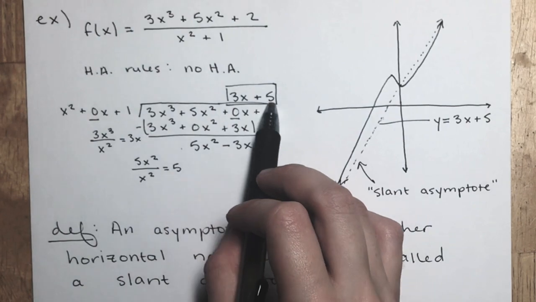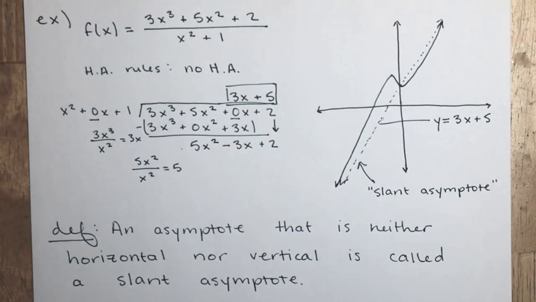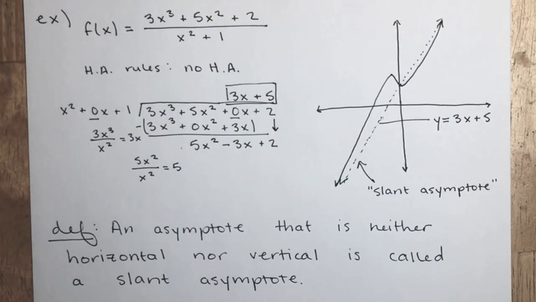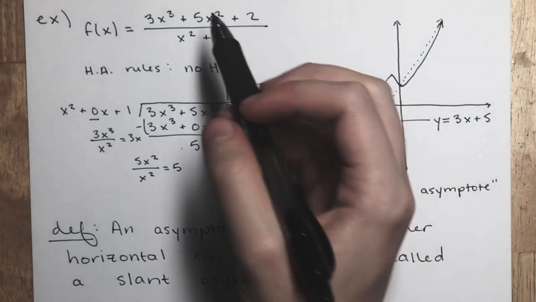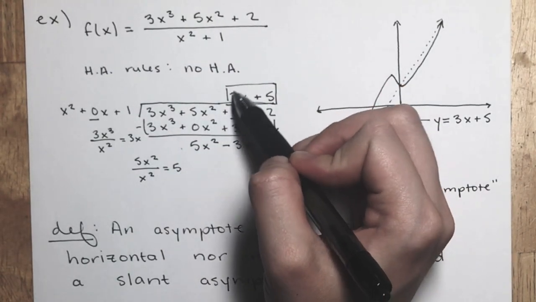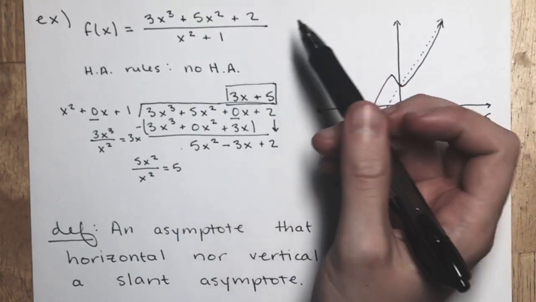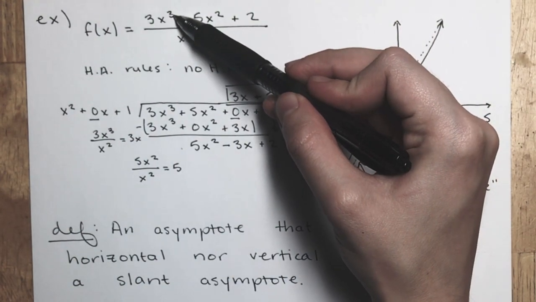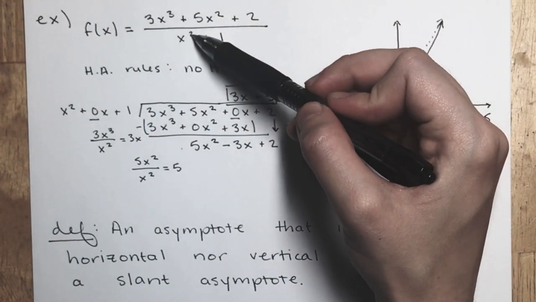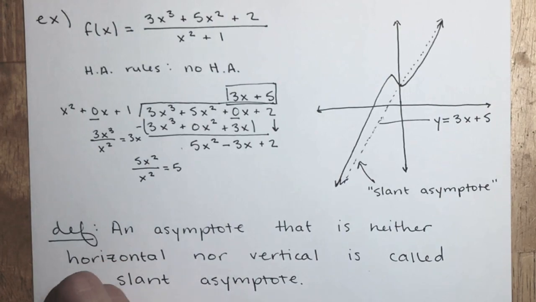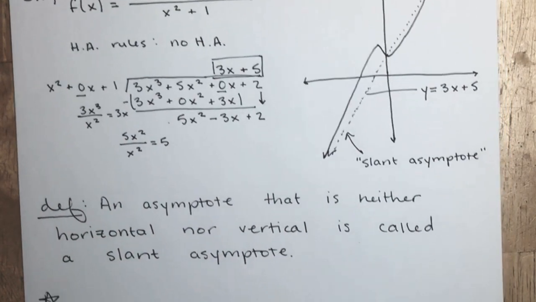Maybe it's 3x plus 5. Maybe it's negative x plus 1. So that will always be a line. So we got this 1x left over because we had 1 more x in the numerator than we had in the denominator.